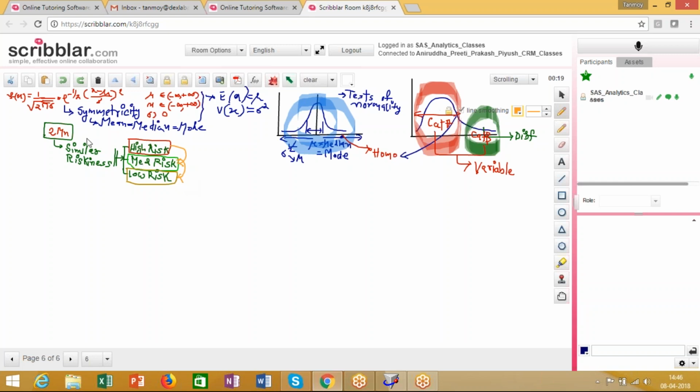Say, for example, borrowers in the high risk segment will have very high delinquency. Similarly, borrowers in the low risk segment will have absolutely low delinquencies.